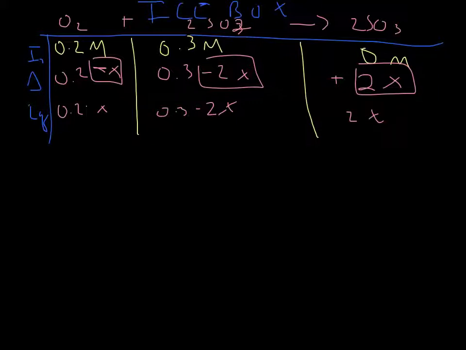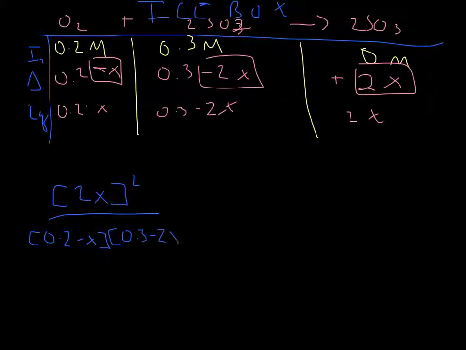So first we're going to set up our equilibrium expression. It's going to go a little something like this. 2x, remember there's 2 SO3, so we're going to have squared over oxygen, which is 0.2 minus x, and then sulfur dioxide, which is going to be 0.3 minus 2x squared, because there's 2 of that too.